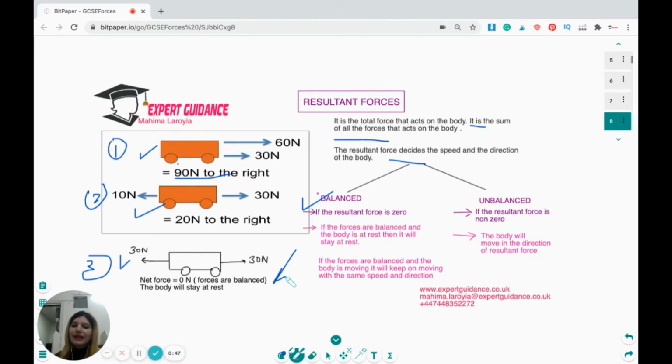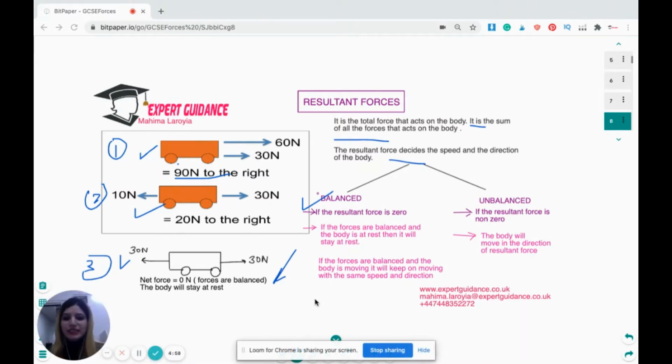And if the forces are balanced and the body is moving, it will keep on moving with the same speed and direction. Whereas unbalanced forces are cases 1 and 2, where the net force is not 0 and the body will move in the direction of the resultant force. I hope now that the concept of resultant, balanced and unbalanced forces is clear to you.